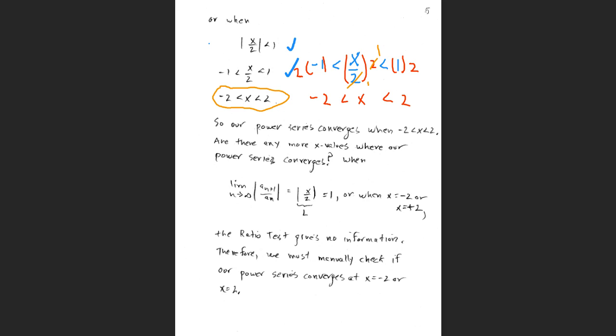And incidentally, the inequality signs don't switch because you're multiplying through by a positive 2. So this tells us then that our power series will converge when x is between -2 and 2.